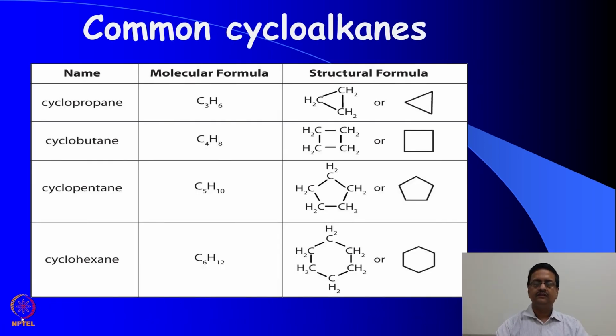When you learn about cyclic alkanes, there are a few very commonly encountered cyclic alkanes as shown here: cyclopropane, cyclobutane, cyclopentane, cyclohexane, etc. These are very common cyclic compounds that we encounter in our organic chemistry courses.